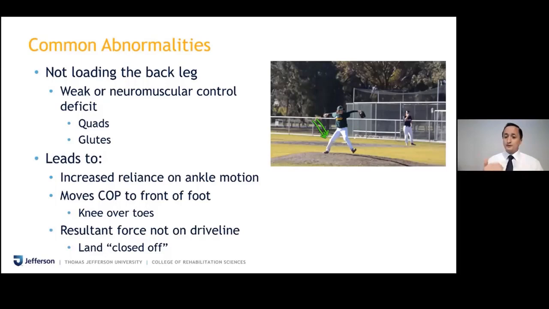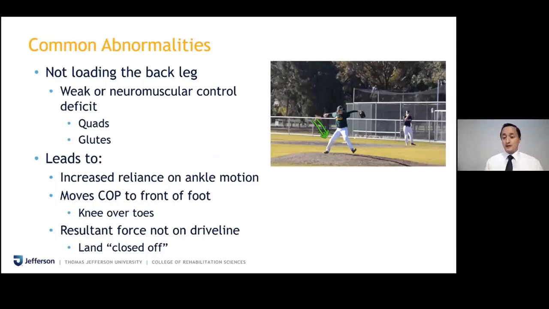When you force most of that motion through the ankle, the center of pressure moves from your heel up to your toe, right? That's the direction it has to go, and that's what you're pushing. That's when we see people in the gym do a squat improperly. They put all of their weight up through their toes, and they get a whole lot of ankle motion, and that's when our knee goes in front of our toes. So the same thing happens here.